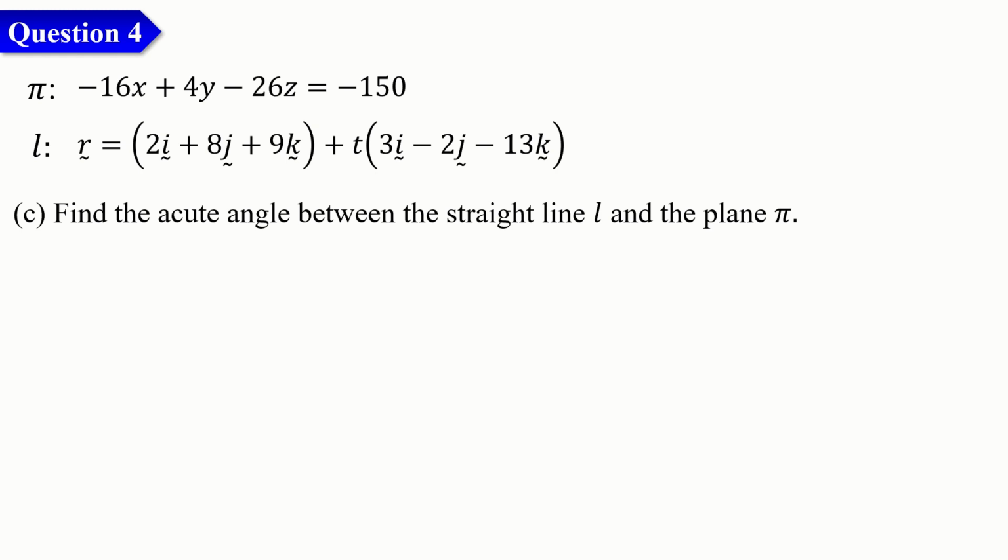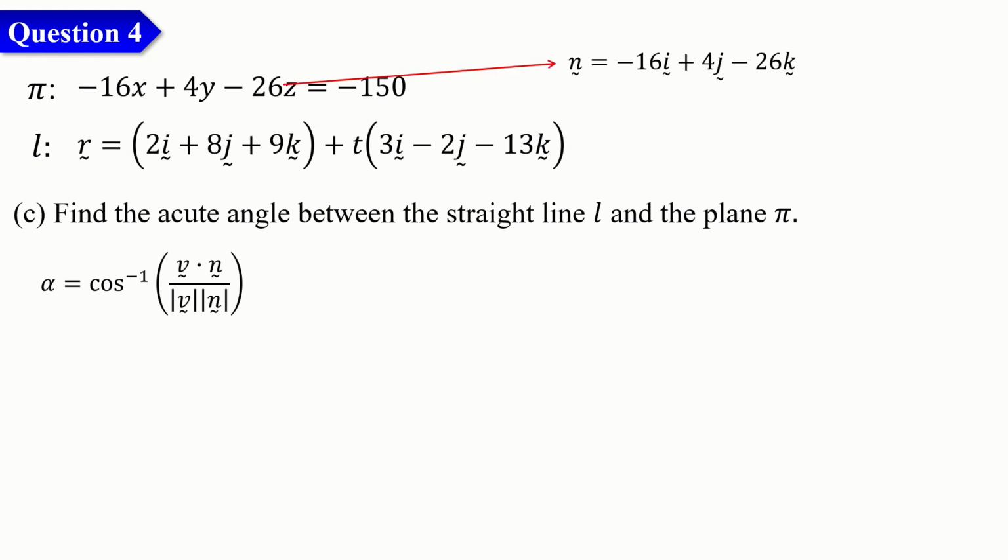To find the angle, we can use this formula: alpha equals arccos of v dot n over magnitude of v times magnitude of n, where n is the vector perpendicular to the plane, which is negative 16i plus 4j minus 26k. And from the line, we need the vector parallel to the line, which is v, which is 3i minus 2j minus 13k.